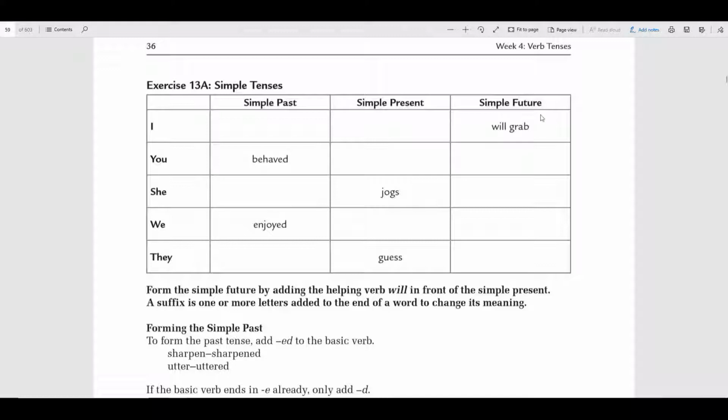For simple future, always add the helping verb will in front of it. Now here is simple present. She jogs. Means she does it right now. If she already did it, we would say jogged, J-O-G-G-E-D. If she's going to do it in the future, she will jog.